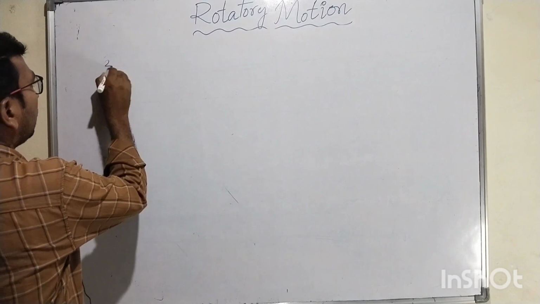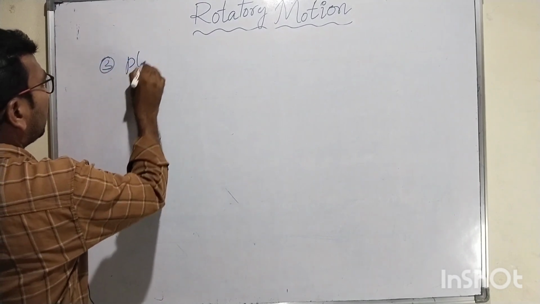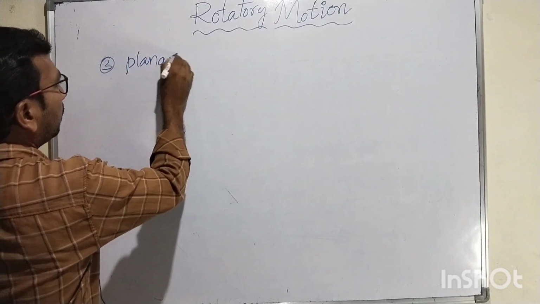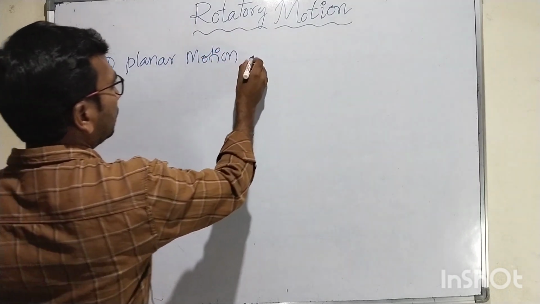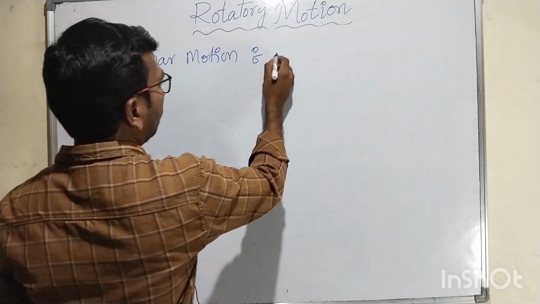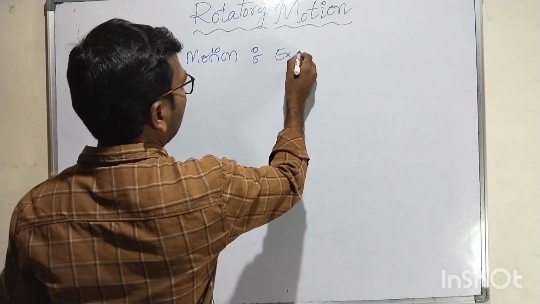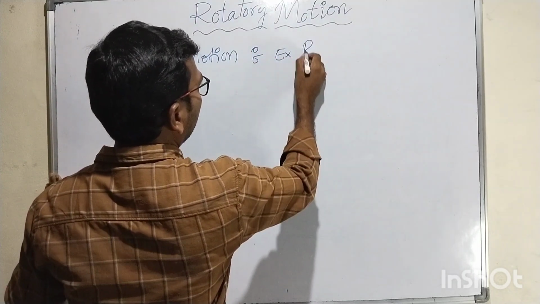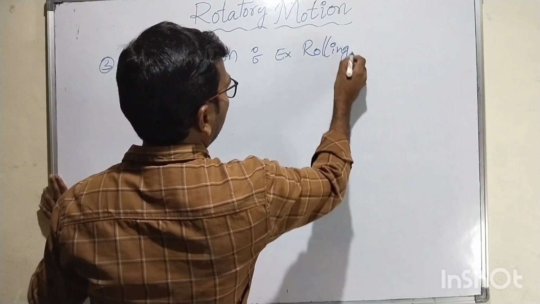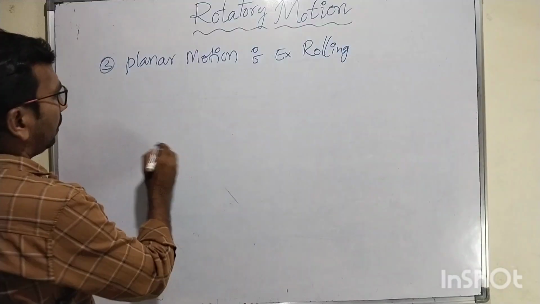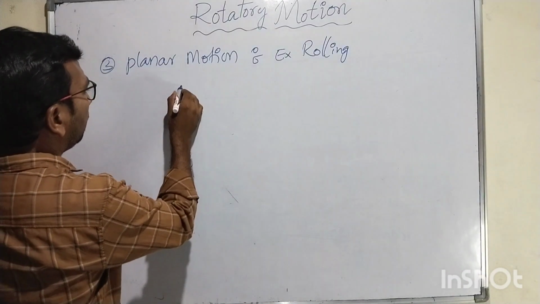The third one is planar motion. Example, I will consider rolling motion. Example, I will consider a wheel.